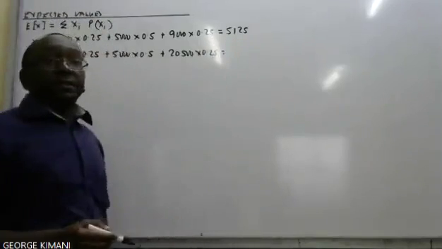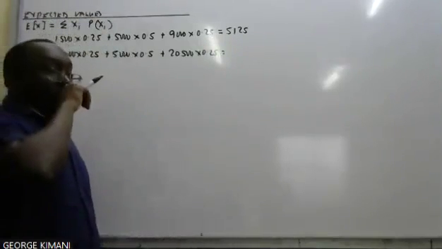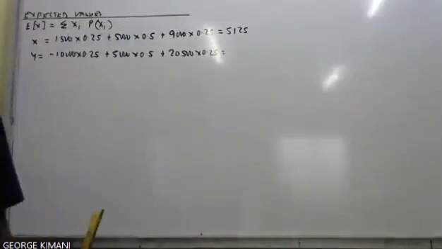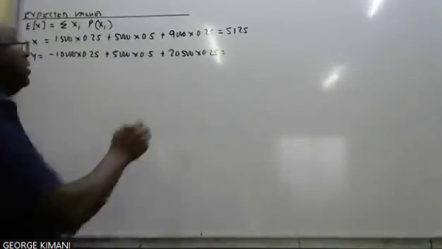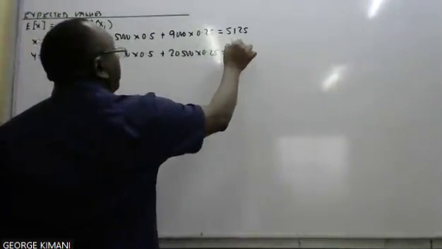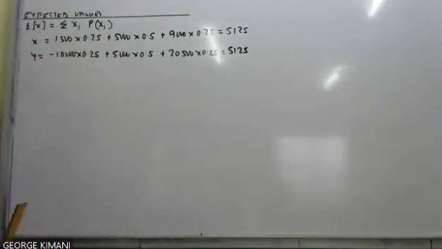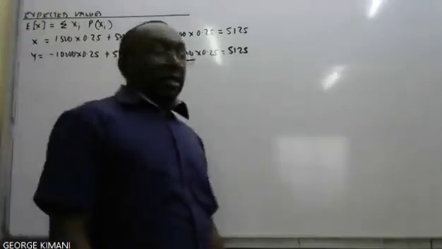How much? 5,125. Okay. Now this one is called a point of indifference. Maybe you need to note that, because you will not come across it again.